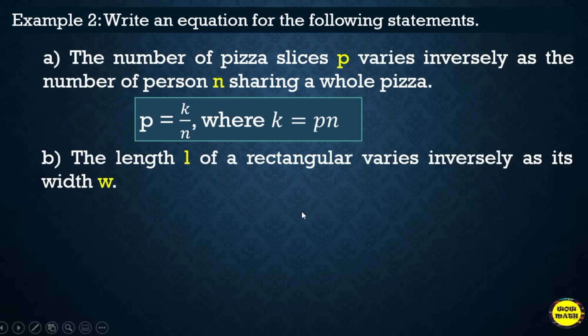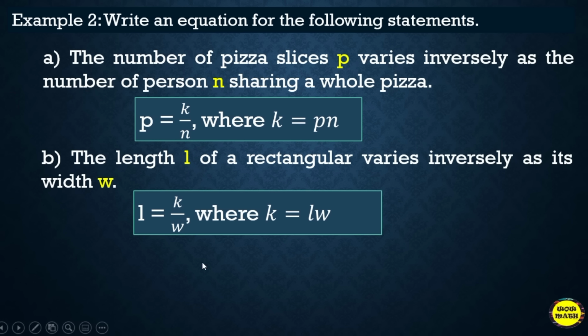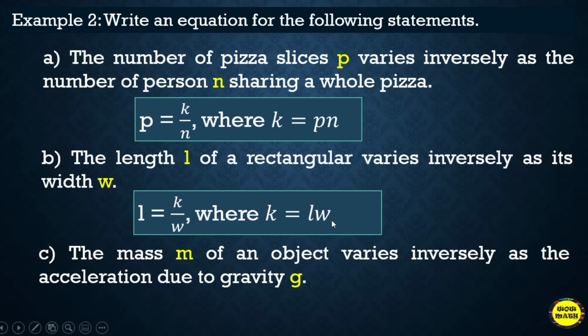Another example. The length, denoted as L, of a rectangle varies inversely as its width, denoted as W. Since L comes first, when we translate that mathematical statement, L is equal to K over W, where K is equal to LW, or length times width.